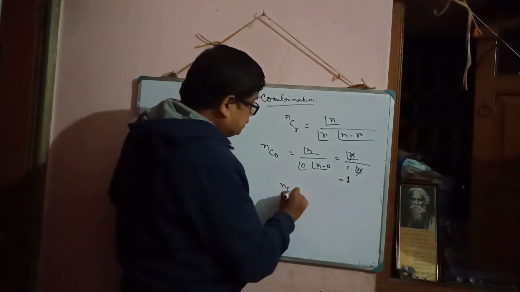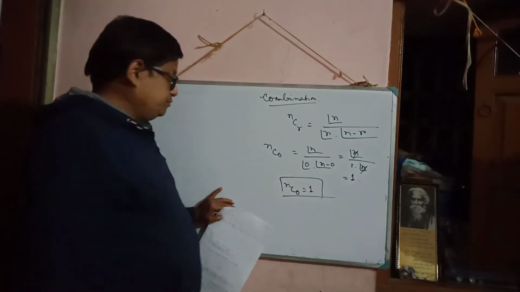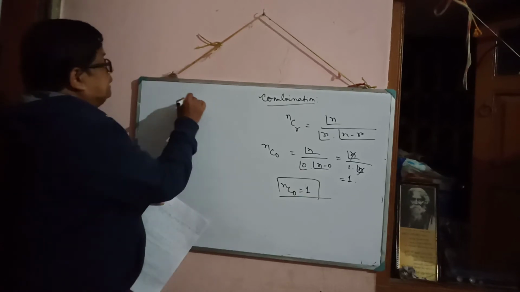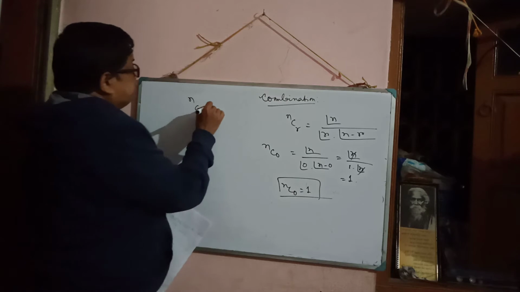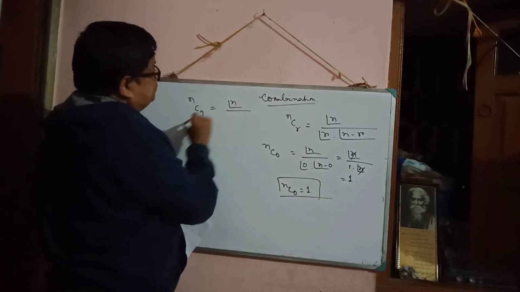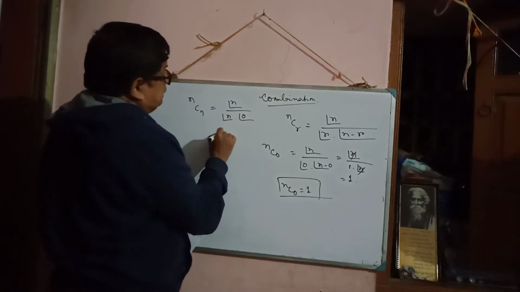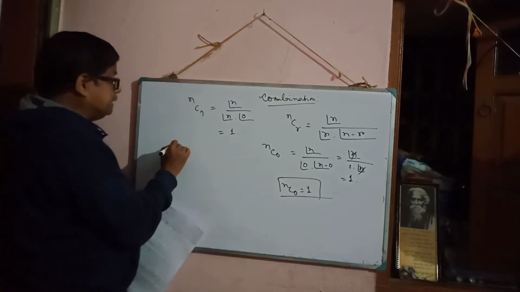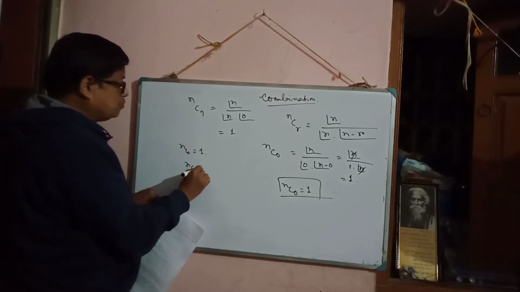So nC0 equals 1, keep in mind. Similarly nCn equals n factorial by n factorial into 0 factorial, which is also 1.